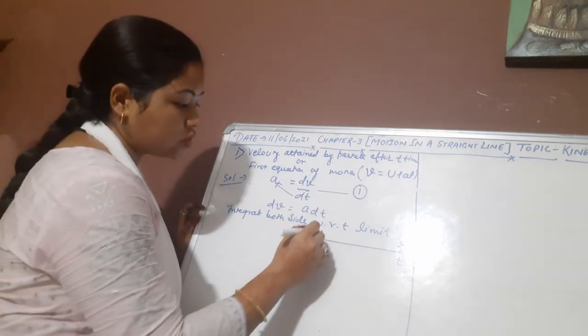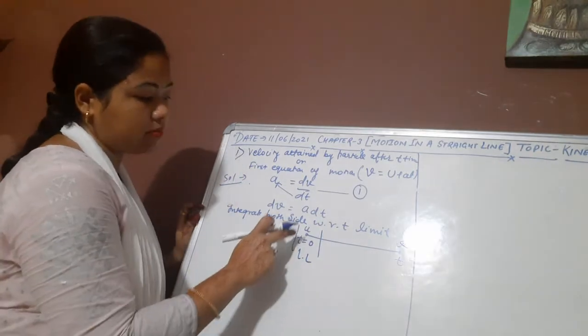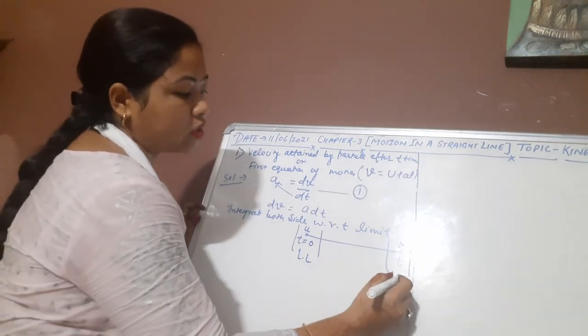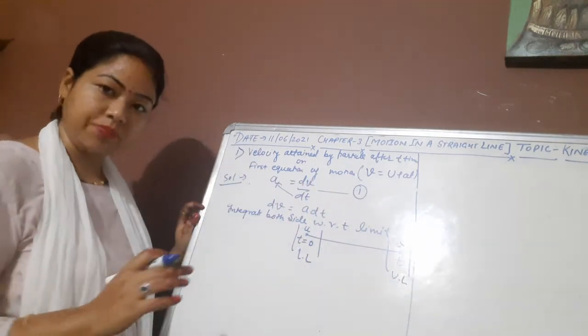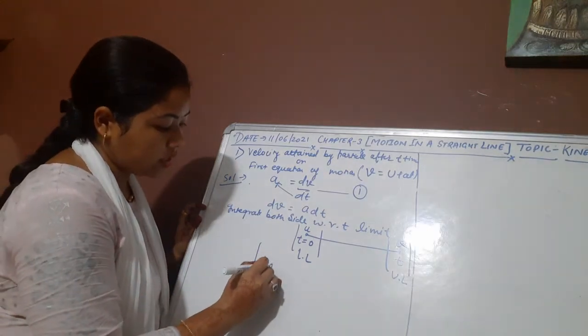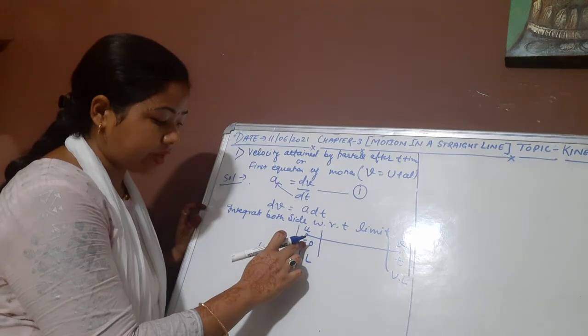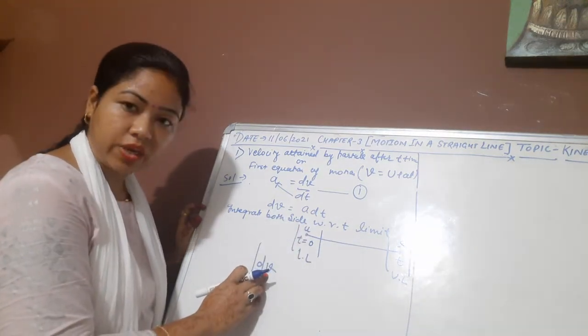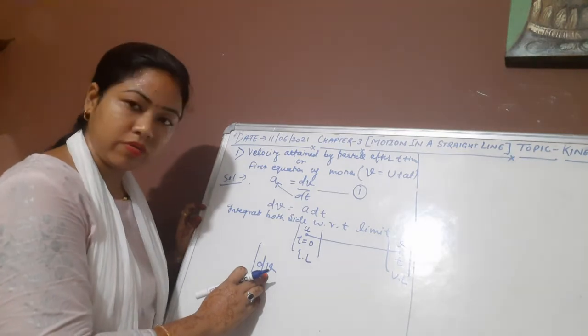So these two values give us the lower limits of time and velocity, and these two values give us the upper limits of time and velocity, right? Now we will put the values in the equation. dv, lower limit of time, lower limit of velocity. Now here we have the derivative of v, that's why we will place the limit of v.